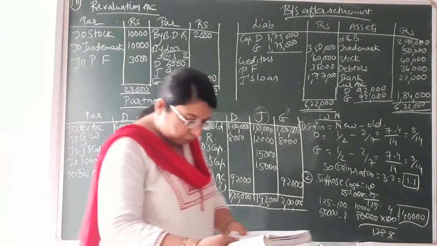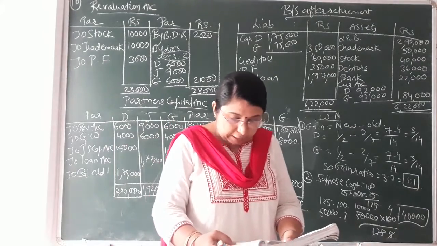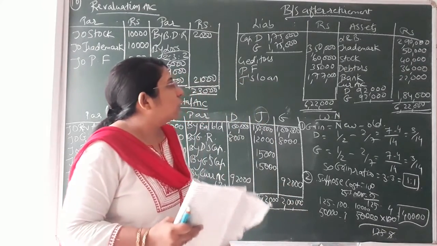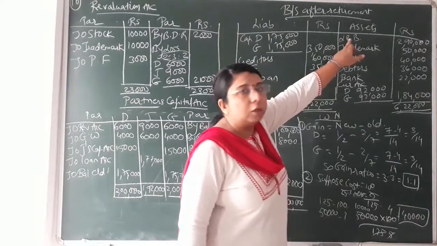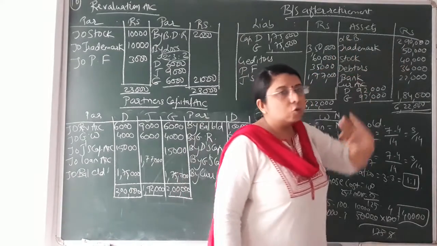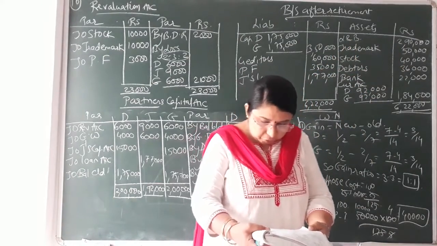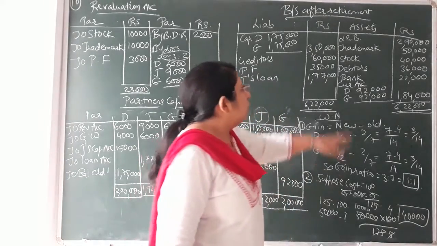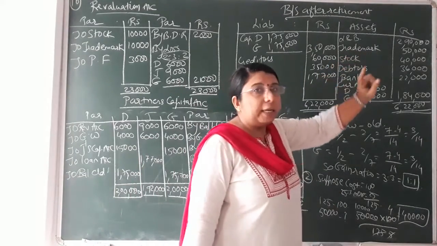Okay. Then afterwards land and building, 2,90,000, no adjustment is there on land and building. So as it is, the value in the new balance sheet is land and building rupees 2,90,000. Then afterwards trademark, we already discussed, that out of 60,000 the written off value came to 10,000.